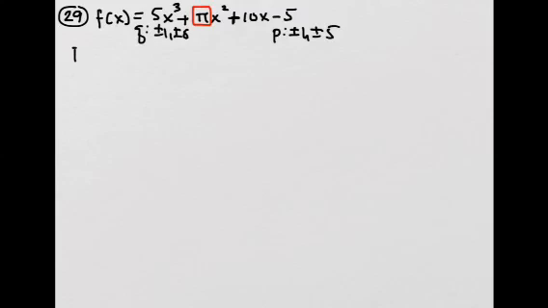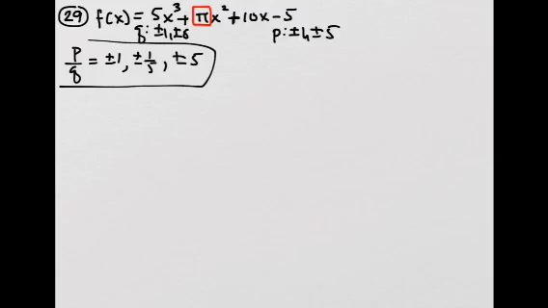So when you do p over q, you have plus or minus 1 over 1, plus or minus 1 over 5, and then 5 over 1, and 5 over 5 is already on the list, it's 1. So this is the list of possible rational zeros for this polynomial, and when you multiply and you use synthetic division, it's not going to work, because you cannot get an irrational number from a rational number.